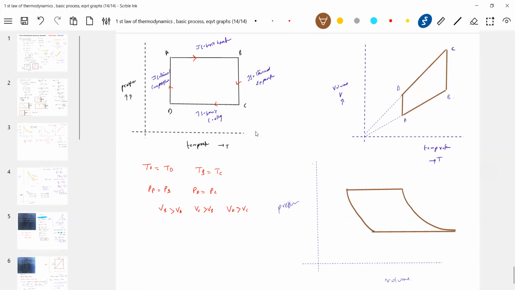Let's see whether we are right or wrong. Okay, these are the points A, B, C, D. The arrows will be like this, as in the previous one. Are we right or wrong? The shape of the curve, we have to check it now. VB greater than VA, as it is. VC greater than VB. VD should be less than VC, no?